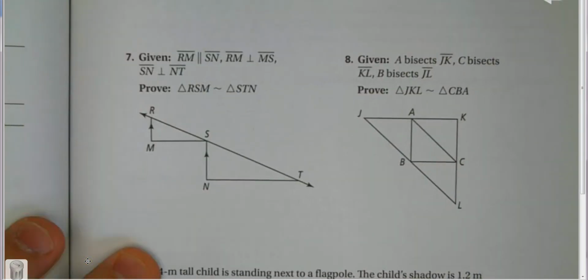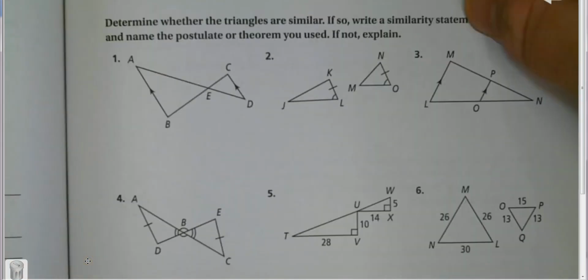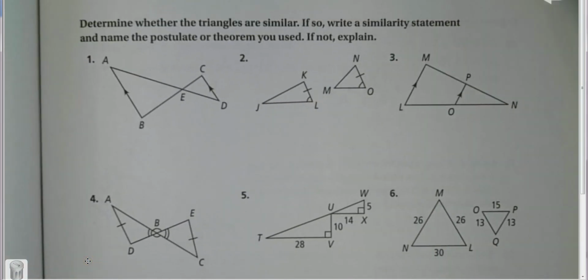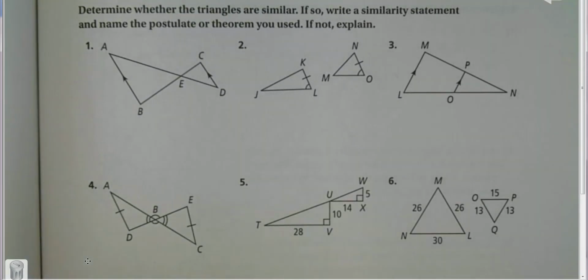So on 1 through 6, you have to tell me whether or not the triangles are similar. And if they're similar, which method? So is it going to be angle, angle, side, side, side, or side, angle, side? Okay? Now, if you can't prove that they're similar, you have to show me why you can't prove them. So either there's not enough information or whatever we've got going on here.